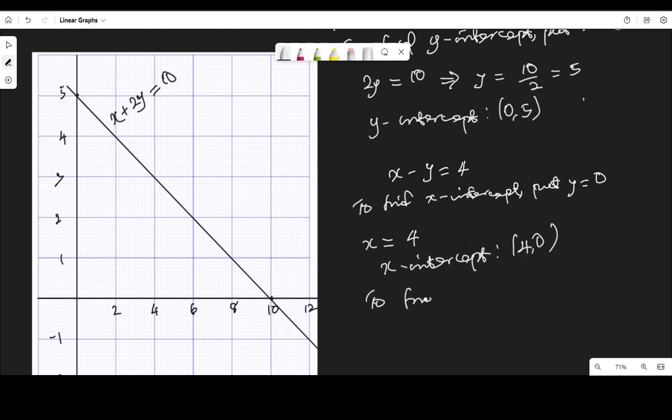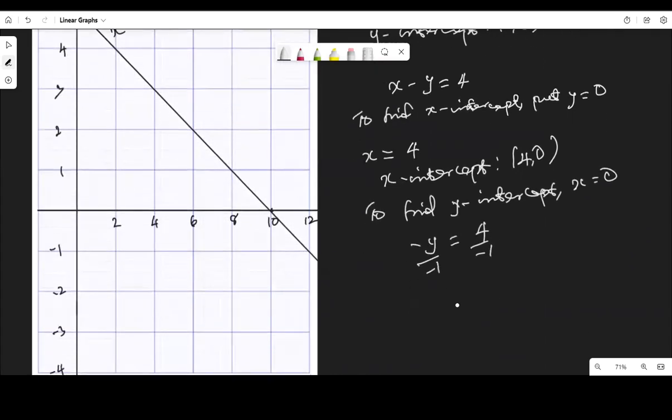To find y-intercept, we set x to be 0, so that negative y is equal to 4, dividing both sides by -1, so that y is equal to -4. Hence, y-intercept is 0 and -4.